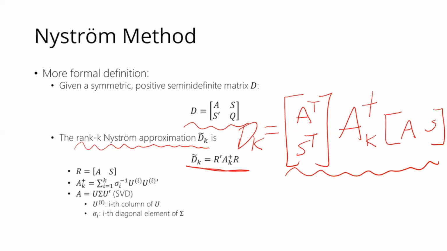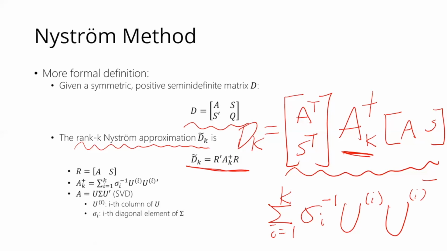Now, the A_K plus over here is defined to be the summation from i equals 1 to K of the ith singular value of A, flipped so that it becomes an inverse, and then the ith singular vector transpose.